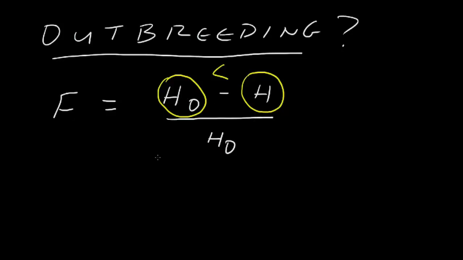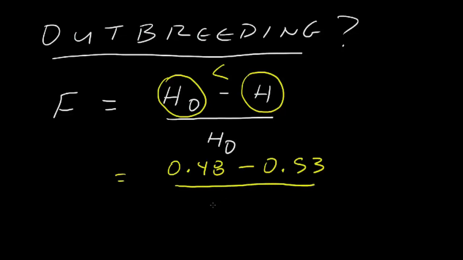So in our kit fox example, we had 0.48 as our expected frequency of heterozygotes, but we actually observed a higher proportion. Let's say we observed 53% of our population being heterozygotes, which might occur through outbreeding, and we divide that now by H naught, 0.48.